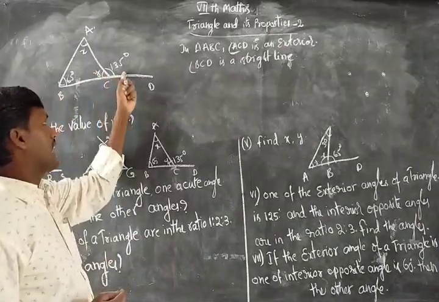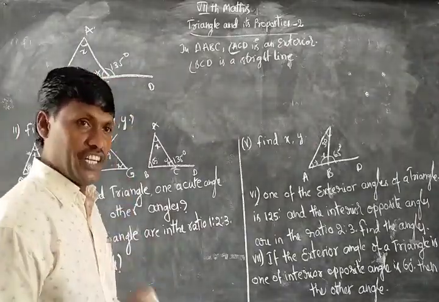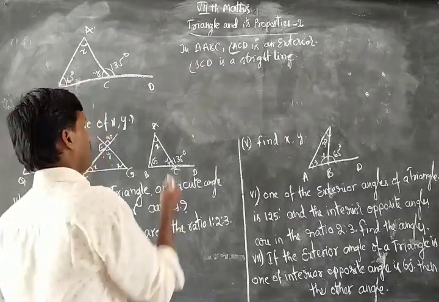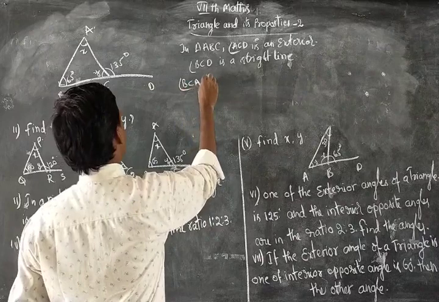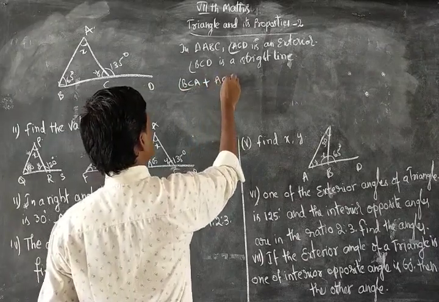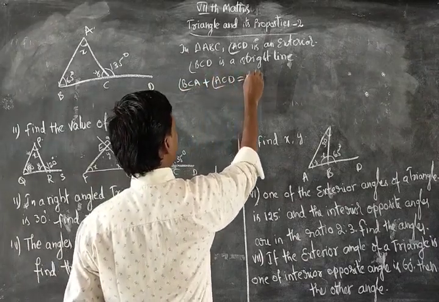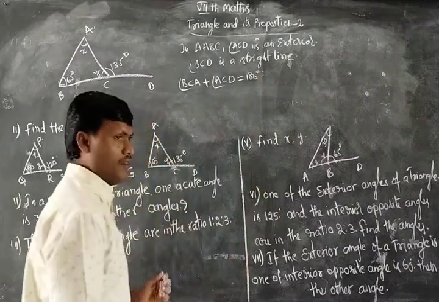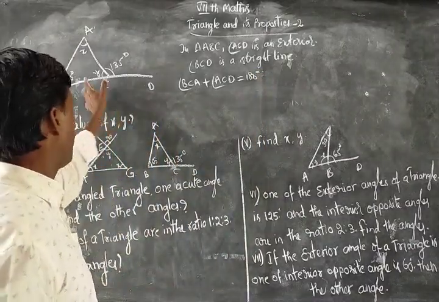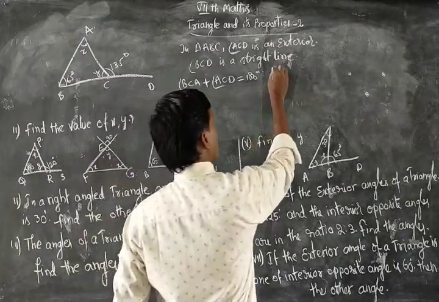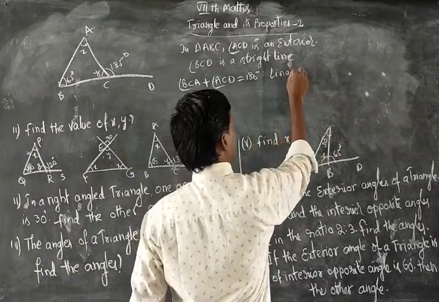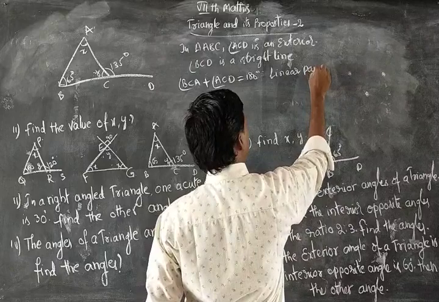The sum of two adjacent angles is equal to how much? 180 degrees by linear pair. So we can write angle BCA plus angle ACD is equal to 180 degrees, because in this straight line the sum of two angles is 180, a linear pair.